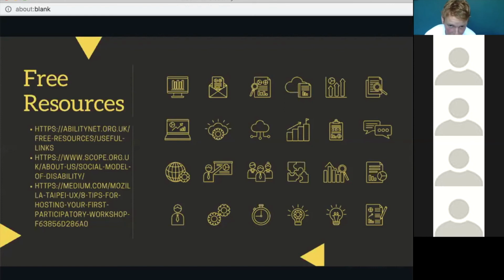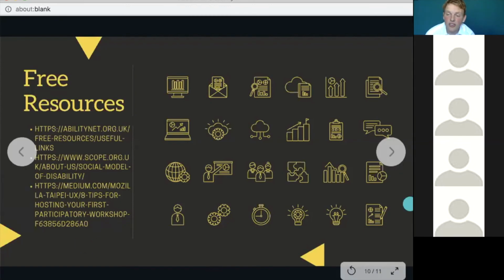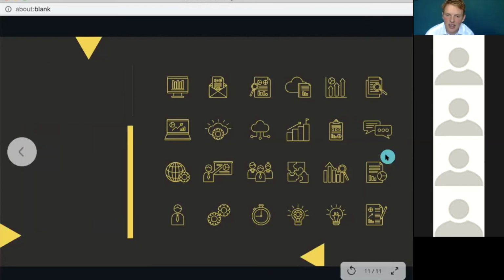These are the things I found helpful, and there's also one that explicitly explains how to do a participatory workshop, which I found on a blog. So do check out that link if you get to the stage and you're unsure how to involve people specifically in your project. And I think that now concludes the session.